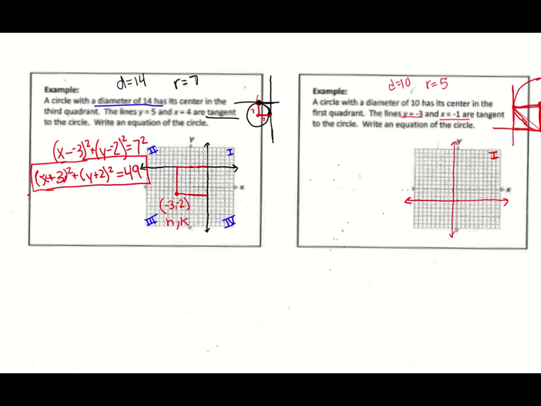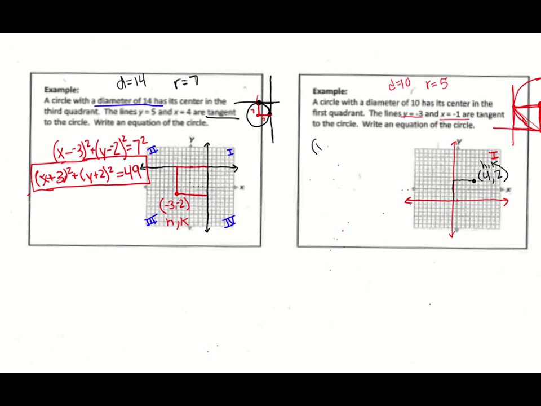So if I start at this line, go up 5 here, 1, 2, 3, 4, 5. I want to go over 5. 1, 2, 3, 4, 5. Gives me a center point right here. And that center point, we can look, it is over 4, up 2. So I get my h and my k.